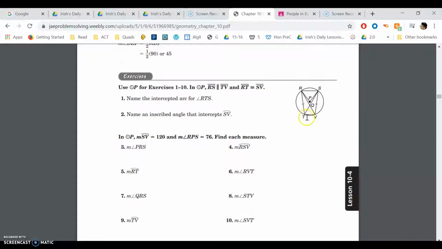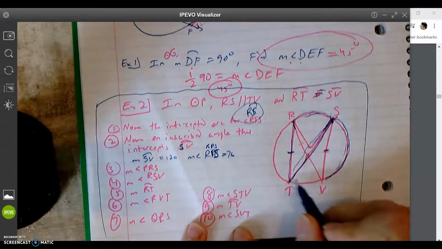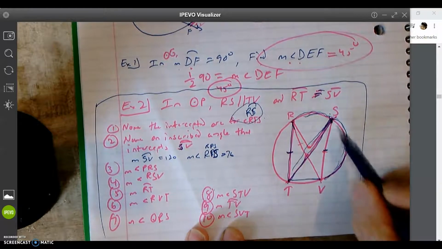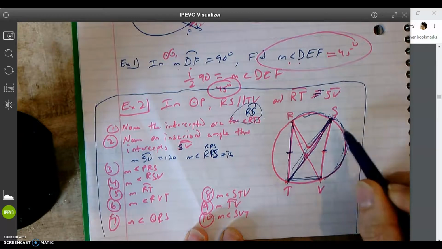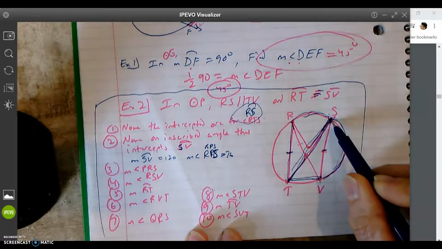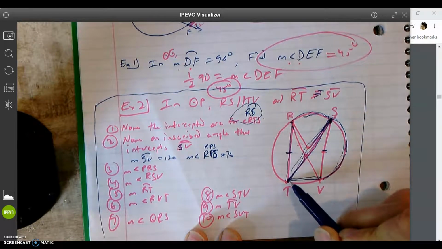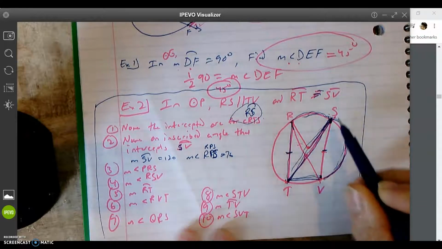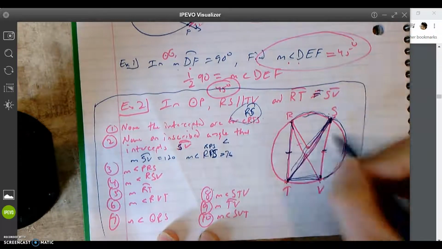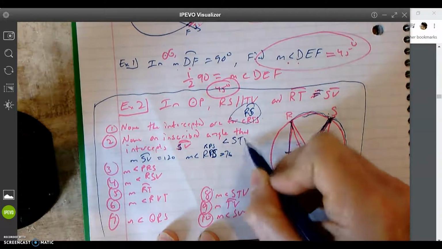Ooh, there's a connection between T and V. I forgot. My bad. There's a line right here. So that would mean S, T, V, right there. You see how that's one side of the arc? The angle touches this circle, and then we have the other side of the arc, these two chords. So it'd be angle S, T, V.